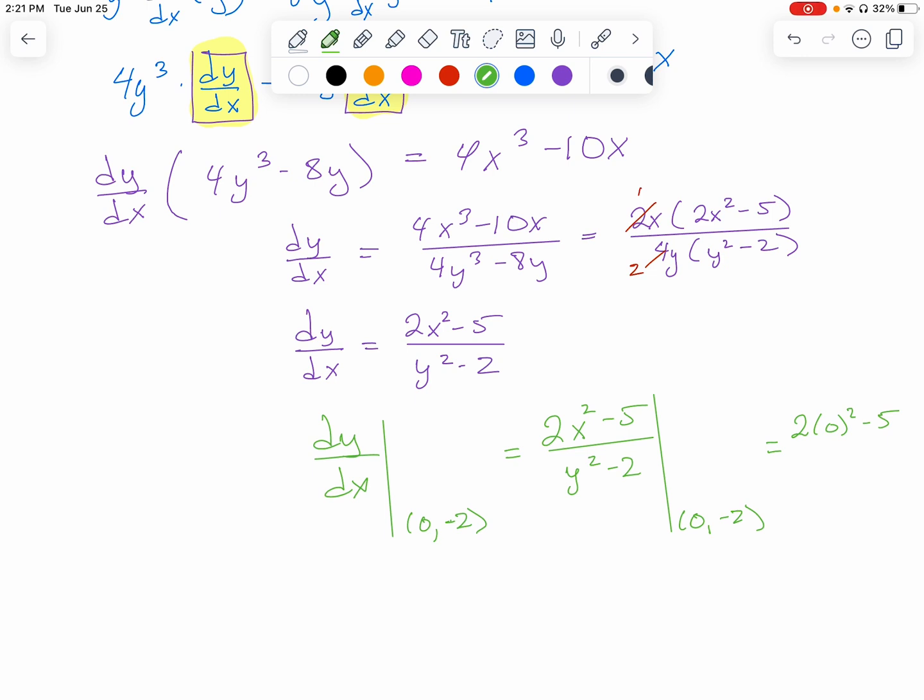oh my, I'm sorry, I have a little mistake here. So I did not carry down the front of my fraction here. Dy dx is actually x times all this, and the denominator is 2y times all this. There we go.